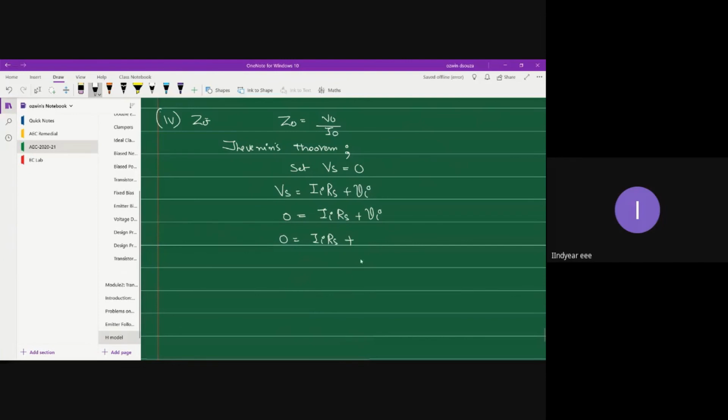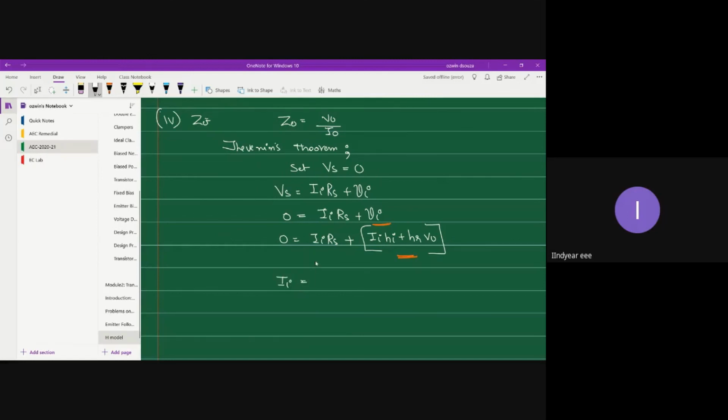In place of Vi, you can write down the expression Ii Hi plus Hr V0. For Vi, I have written the h parameter expression. You can simplify to get Ii.